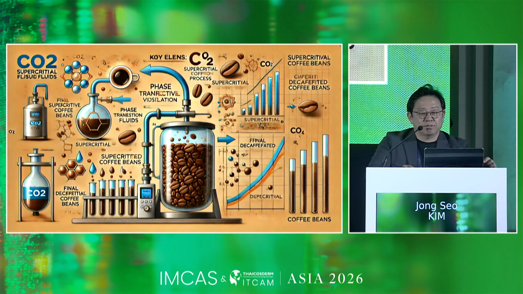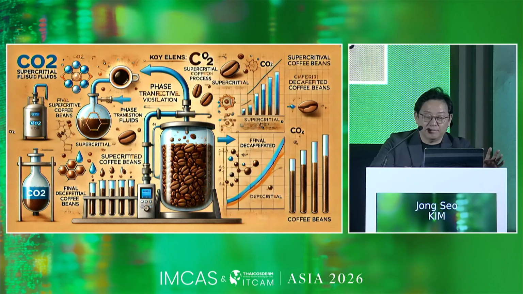Today I would like to introduce a special processing method for ADM. This is the supercritical CO2 decellularization processing to reduce the antigenicity. It is the same method used to make decaffeinated coffee, using supercritical CO2.